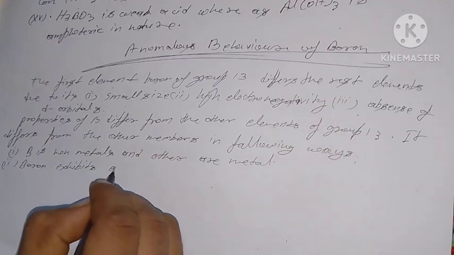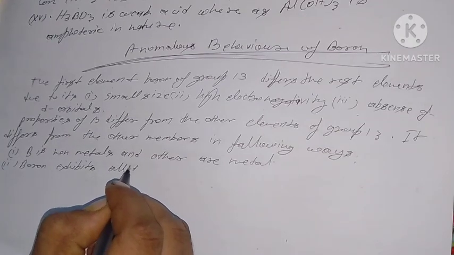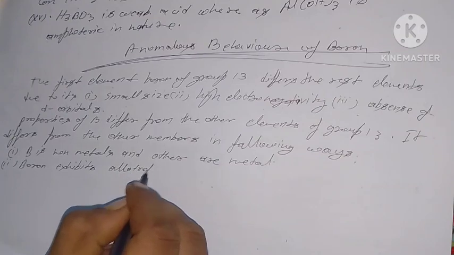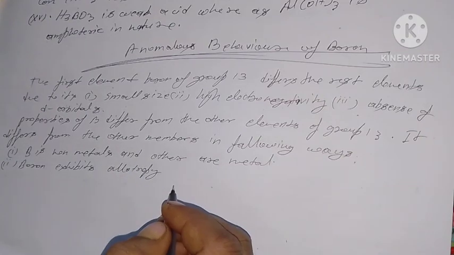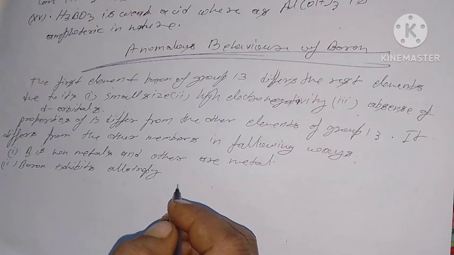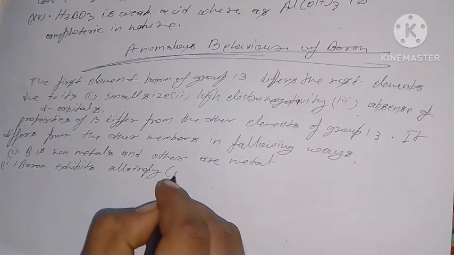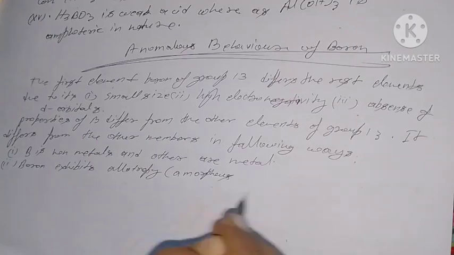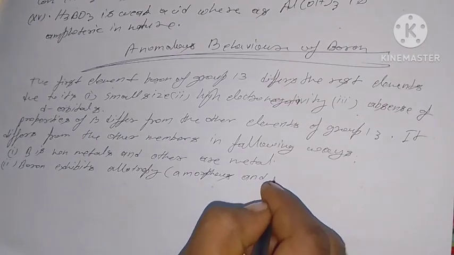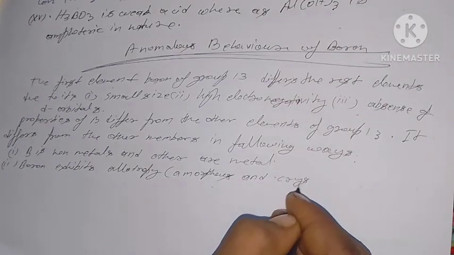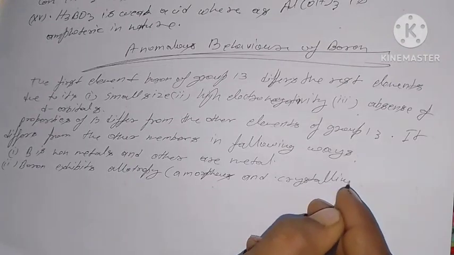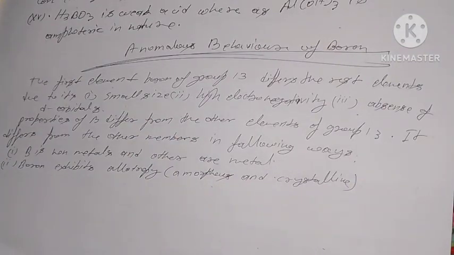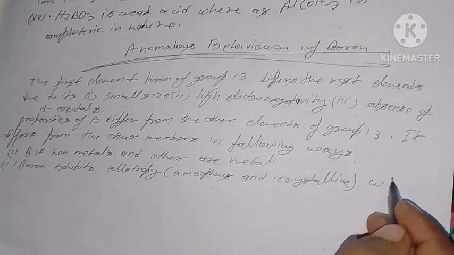Boron exhibits allotropy, amorphous and crystalline, while the others do not.